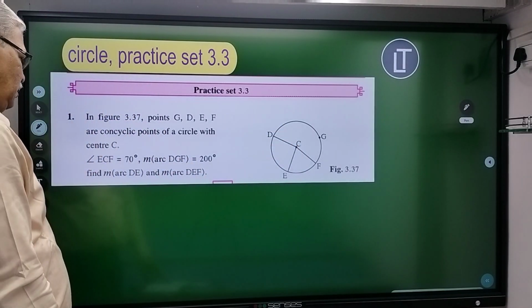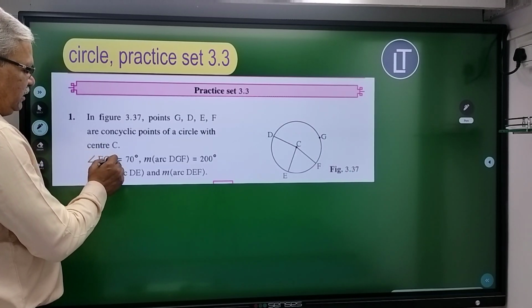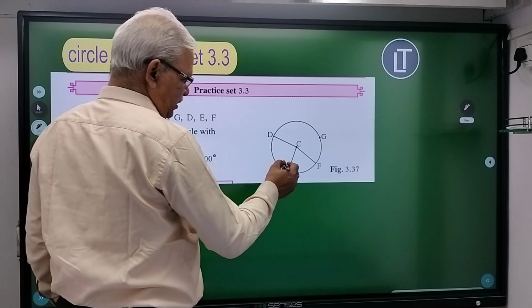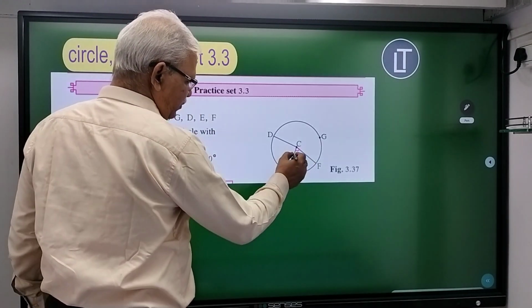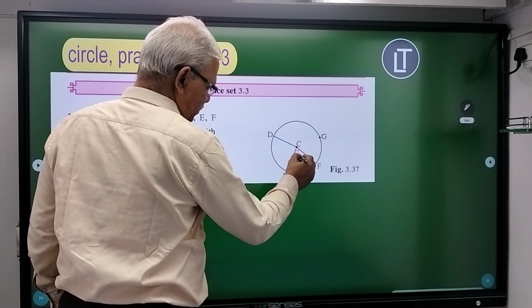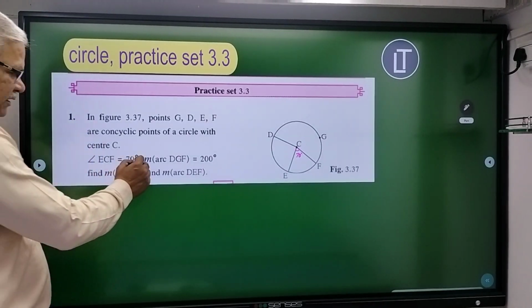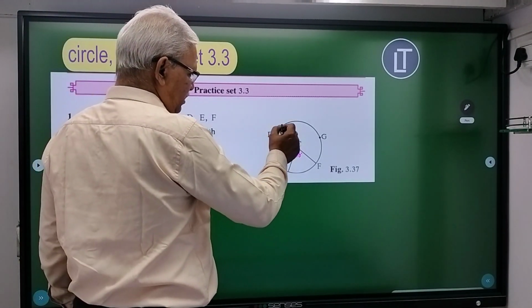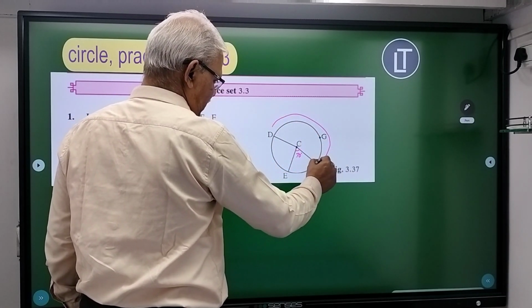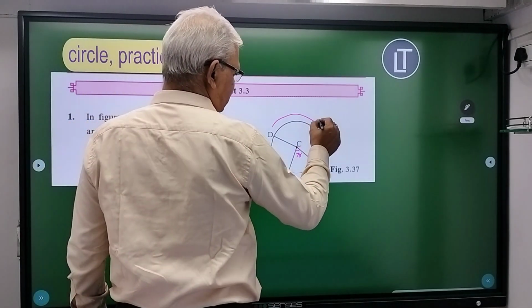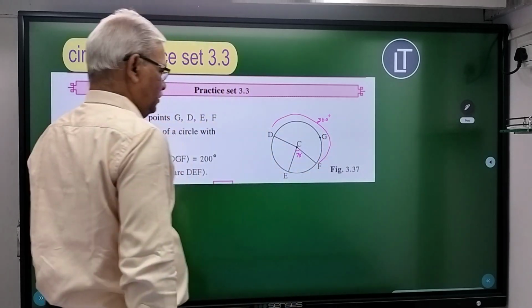Okay. Now here given angle ECF, its value is given 70 degrees. Okay, and measure of arc DGF, the value of this arc is given, that is how much? 200 degrees.